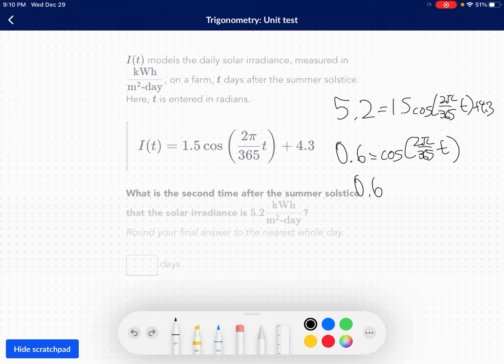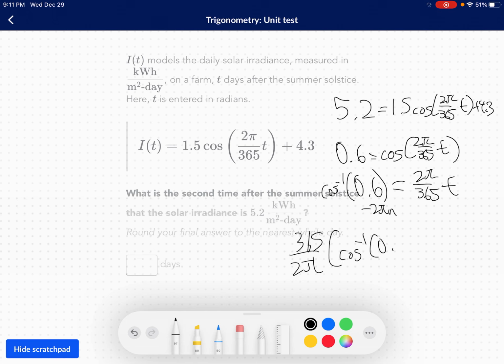So 0.6 equals, I'll just go straight to inverting 0.6. How about I do minus 2 pi n here, and 2 pi inverse cosine 0.6, over 365.